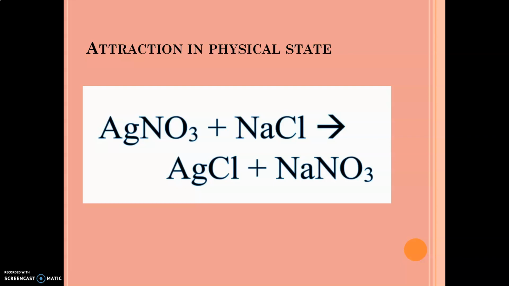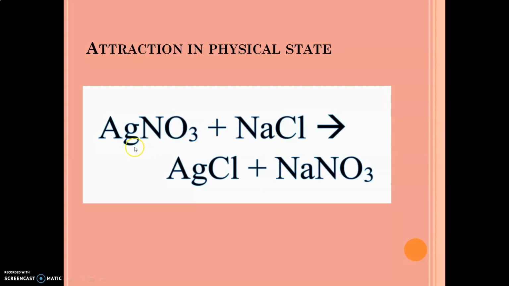A solution which is diluted in a bit of water. Aqueous solution of sodium chloride and silver nitrate, both in liquid form you will take and you will mix together. What you will see, formation of silver chloride will take place.